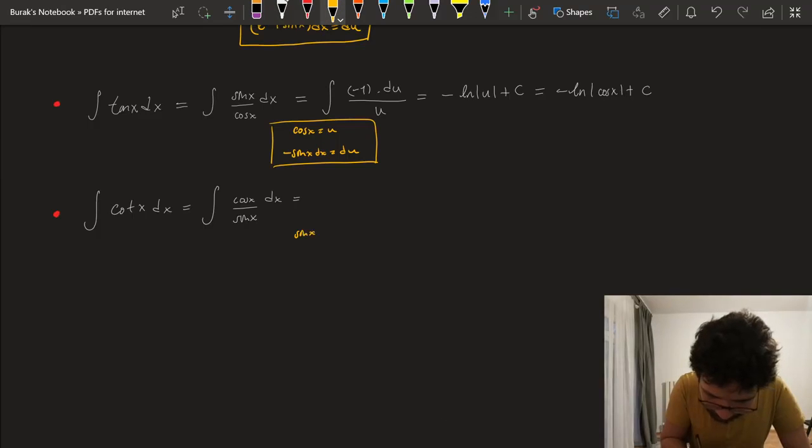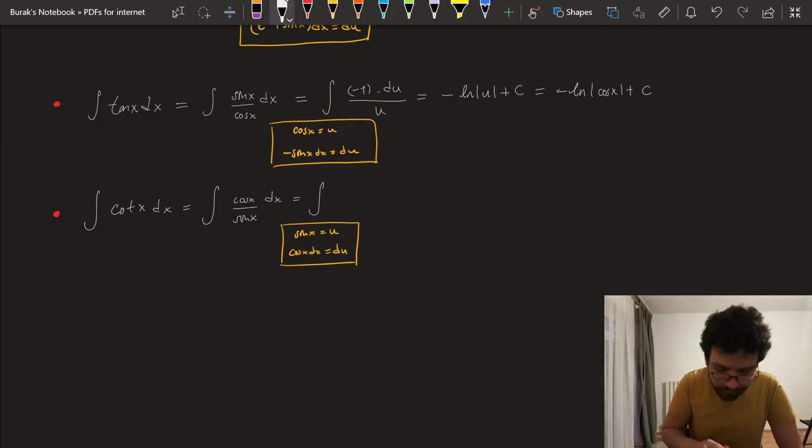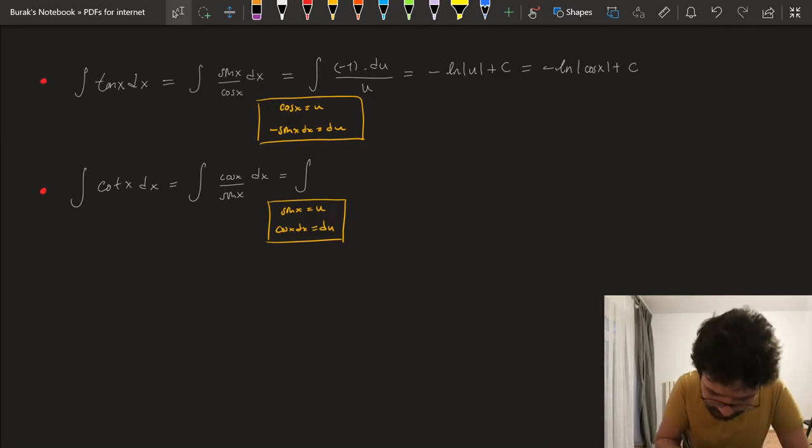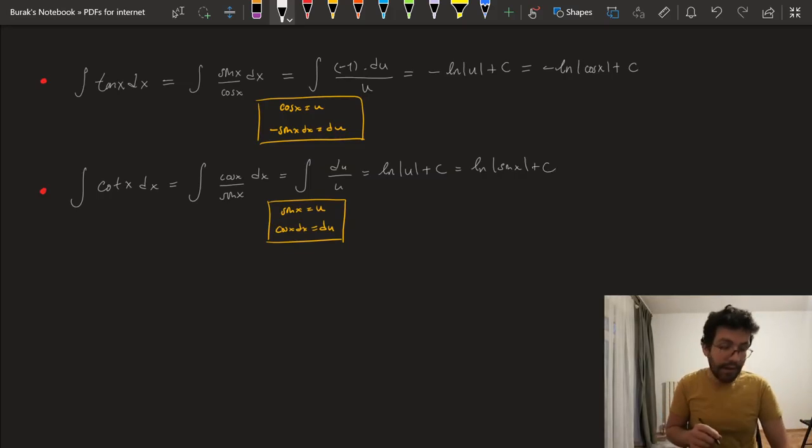I'm going to call what I have in the denominator u, so cosine x dx will be my du. And then this will turn into du over u, so this is ln absolute value of u plus c, so this is ln absolute value of sine x plus c.